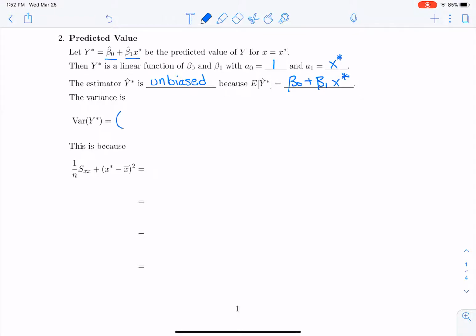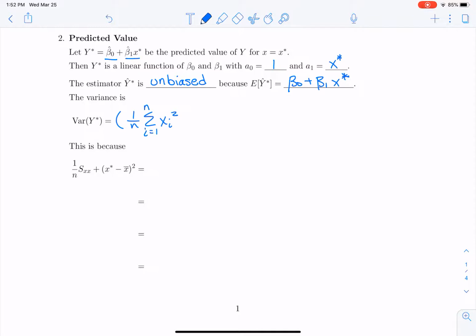Now, what is the variance of y star? Well, the variance of y star is going to be, plugging in a0 equals 1, 1 over n times the sum from i equals 1 to n of x_i².